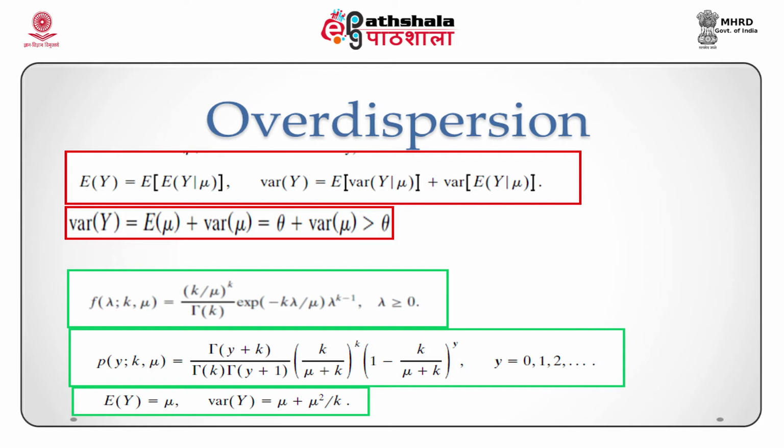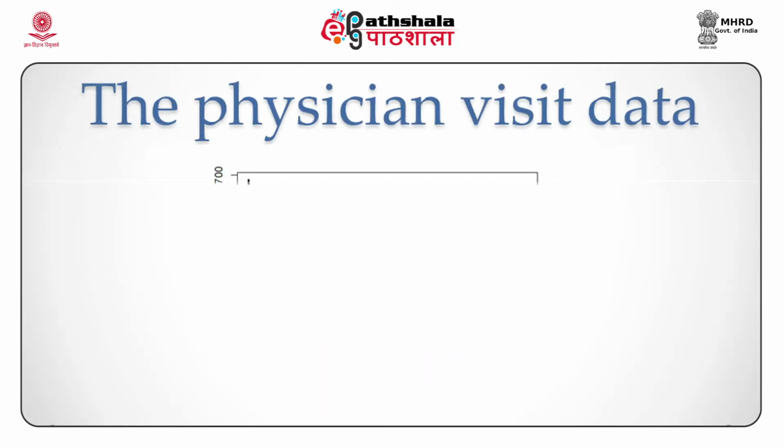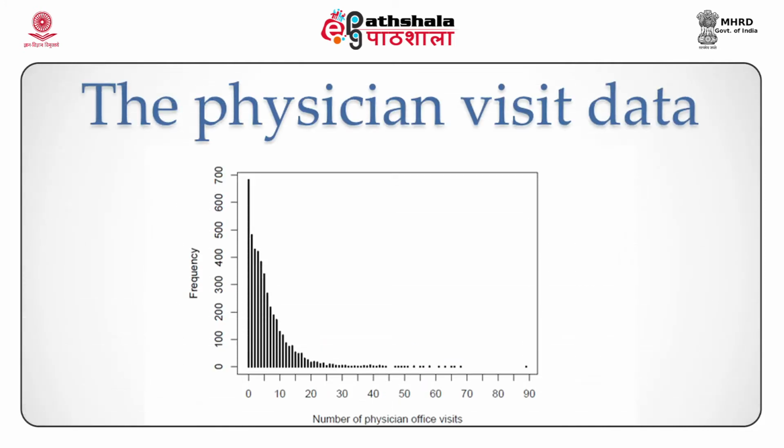An application in R on the physician visit data, which is taken from the R vignette by Zeileis. On the x-axis here, we are looking at the number of physician office visits, and on the y-axis, the corresponding frequencies. Note that the number of physician office visits is a count.